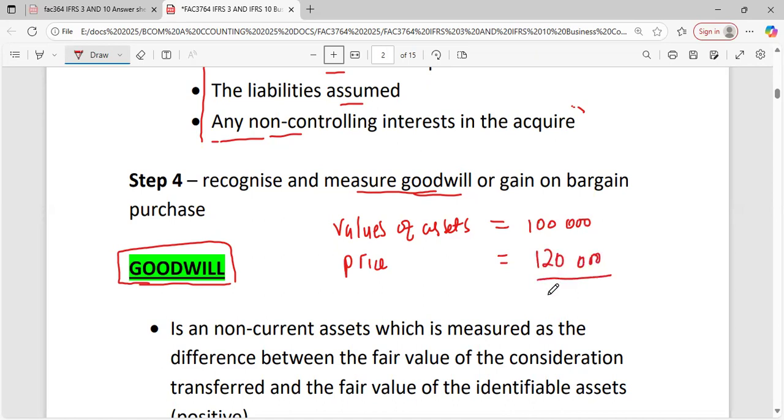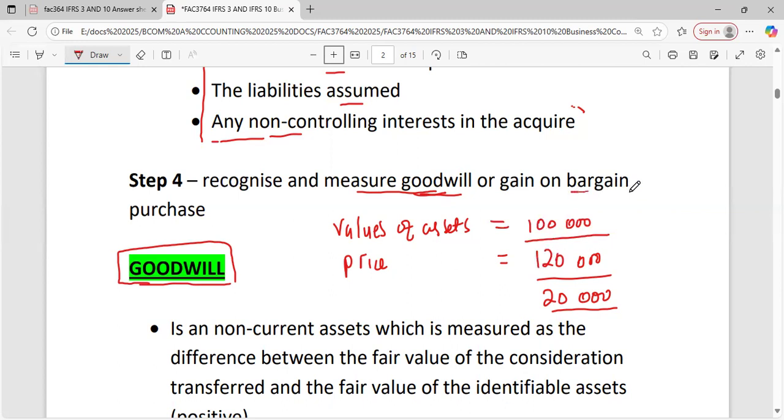So the difference here, the 20,000, is going to be the goodwill. So that's how you determine the goodwill. The value of the assets is 100,000, but you are asked a price of 120,000, which means for the difference, you purchase the goodwill.